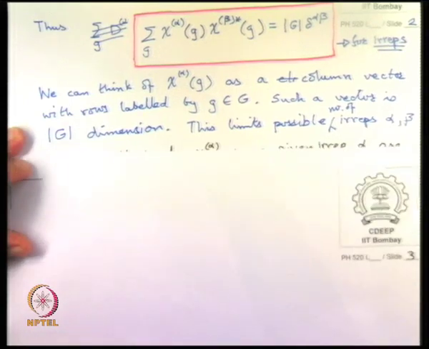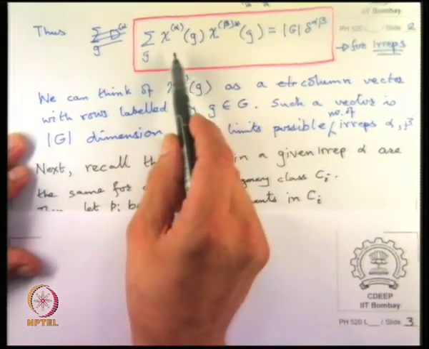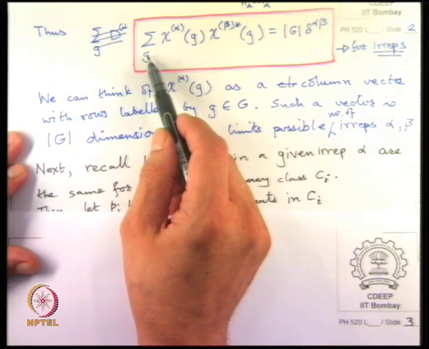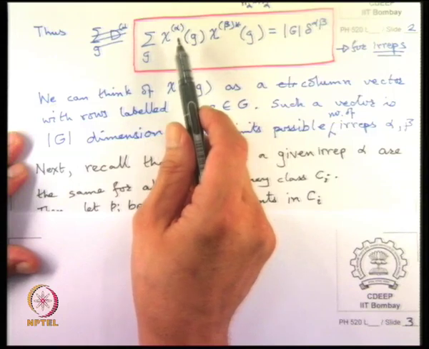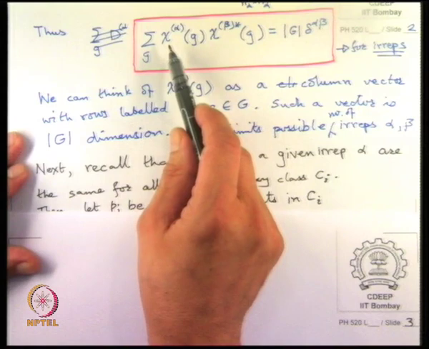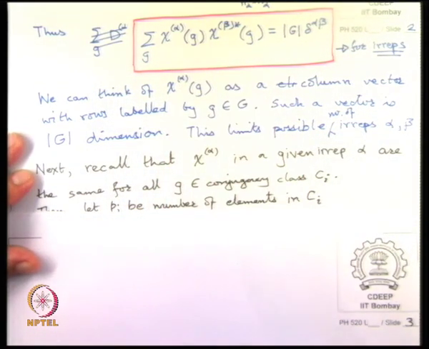This summation will break up into a summation over classes, and when you are summing over a particular class, the value of chi will remain the same. So if there are Pi elements in that class, then all we need to do is put Pi as the weightage factor.